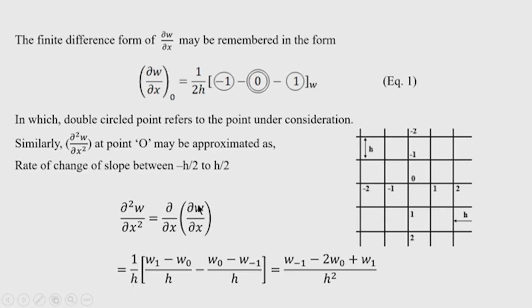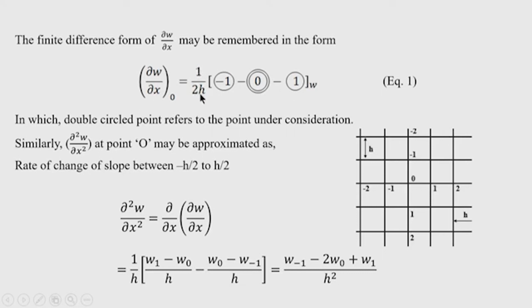The change of slope dw by dx is the rate of change of displacement, that is the slope between the 2 points, minus h by 2 to plus h by 2. So we get this 1 by 2h.